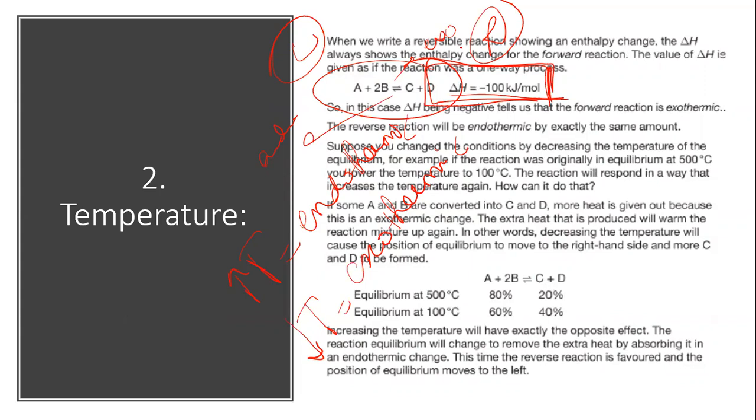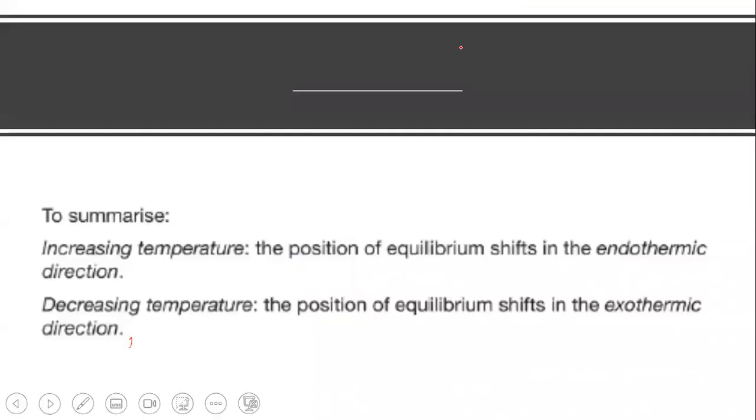If the temperature is too high, the reaction will shift to the endothermic side, so the heat is used up by the endothermic reaction and the temperature falls. You want to bring it back to a normal value, so that is why it shifts accordingly. That is the effect of temperature.